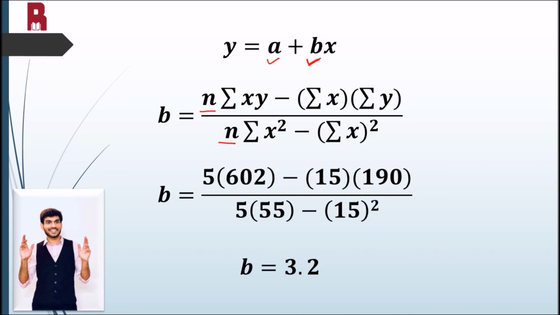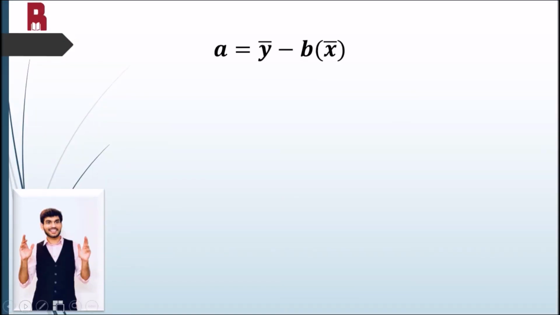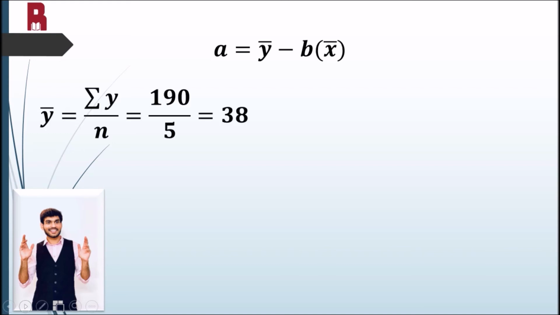Now let us also calculate the value of a, which is given by the formula a is equal to y bar minus b into x bar. Y bar and x bar are nothing but the mean, so calculating y bar, summation y divided by n, which is 190 by 5, which comes to 38. X bar is summation x upon n, which is 15 divided by 5, comes to 3. These values are also coming from the same table.